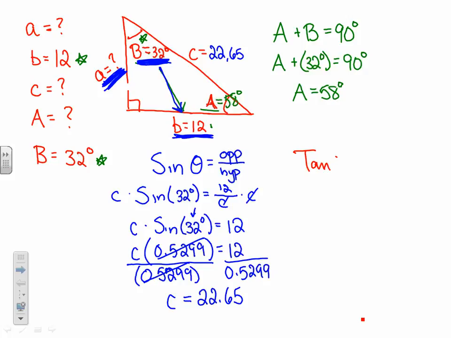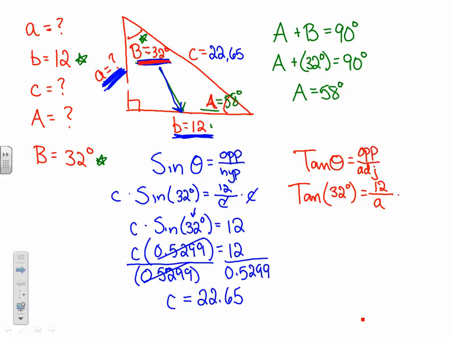So tangent of angle B should give me my opposite over my adjacent side, all right? If I substitute my values, I'm using angle B up here, which is my 32 degrees again. My opposite side is 12, all right? And my adjacent side here is now side A, all right?